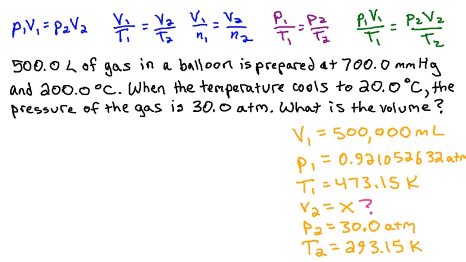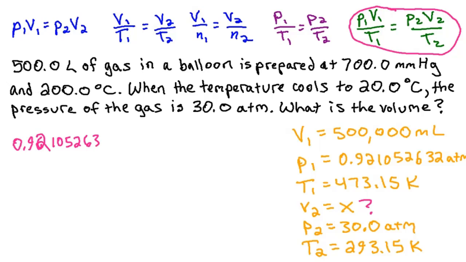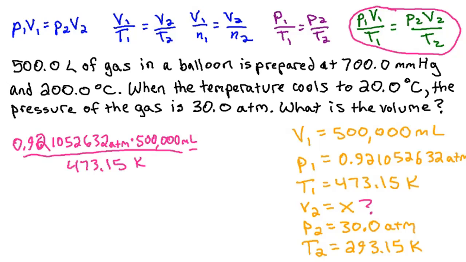So using the combined gas law of P1 times V1 over T1 equals P2 times V2 over T2, we get 0.921052632 atms times 500,000 milliliters over T1, which is 473.15 kelvins, equals P2, which is 30.0 atms times X over 293.15 kelvins.